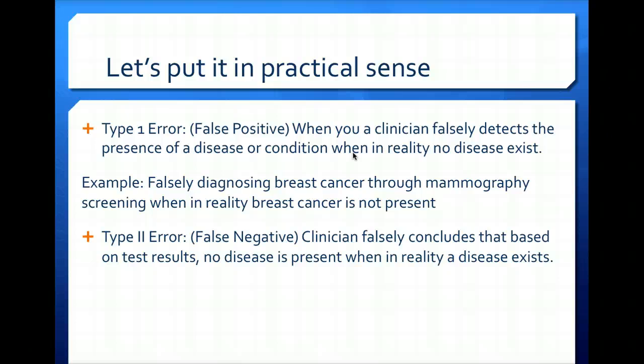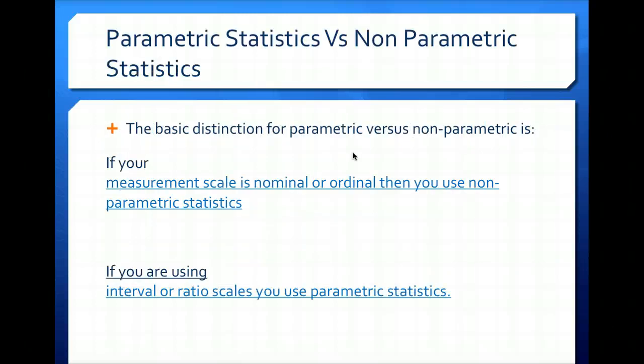So example, falsely diagnosing breast cancer through mammogram screening when in reality breast cancer is not present. That's an example of a false positive. That's a type 1 error. Type 2 error is a false negative when a clinician falsely concludes that based on the test results, no disease is present when in reality a disease does exist.